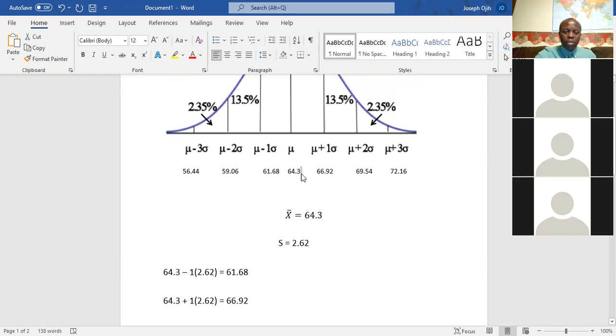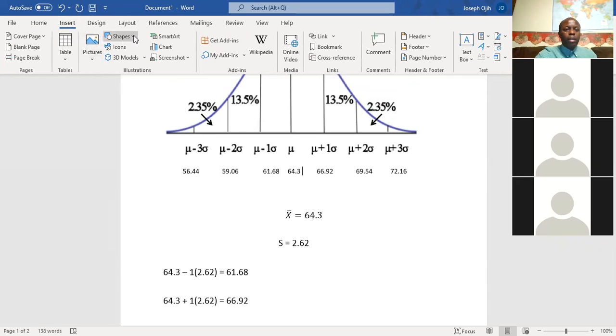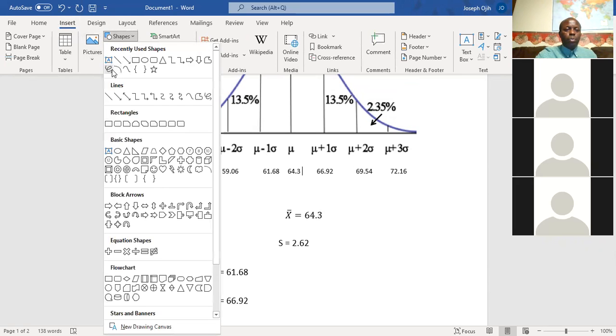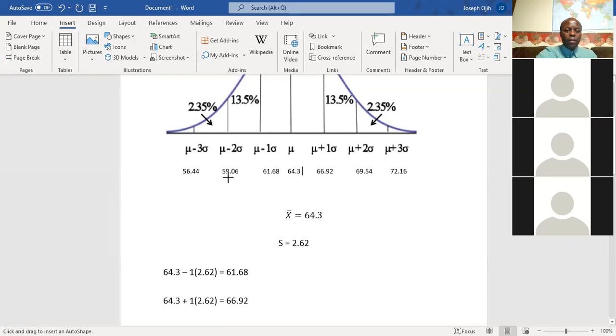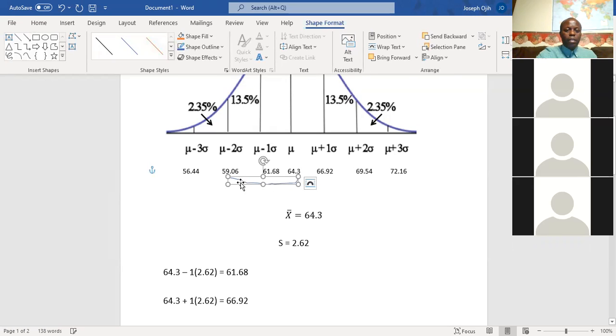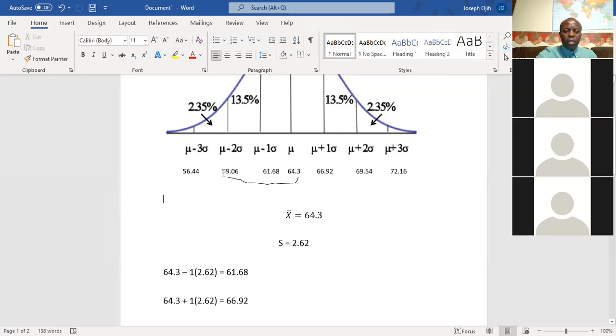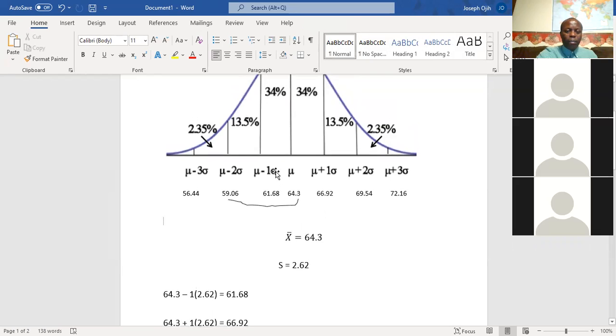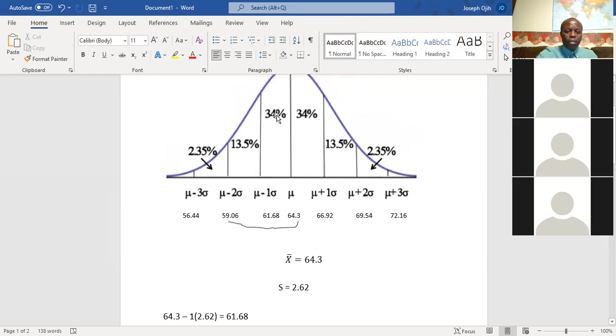So it is from here, let me use a diagram, a chart to put it. It's from here to here. I'll make it thick. You can see from here to here. And when you add them, you're going to get 34% for this one and 13.5% for this one.